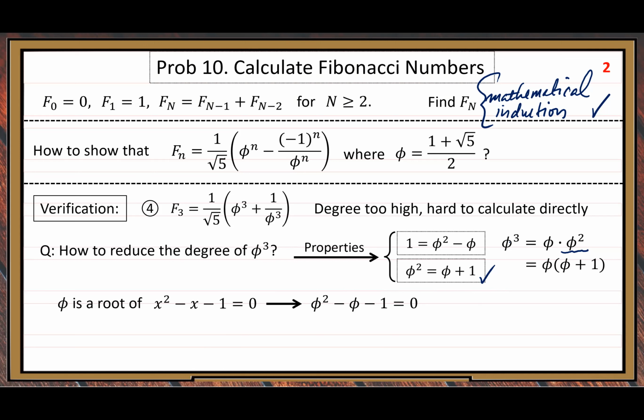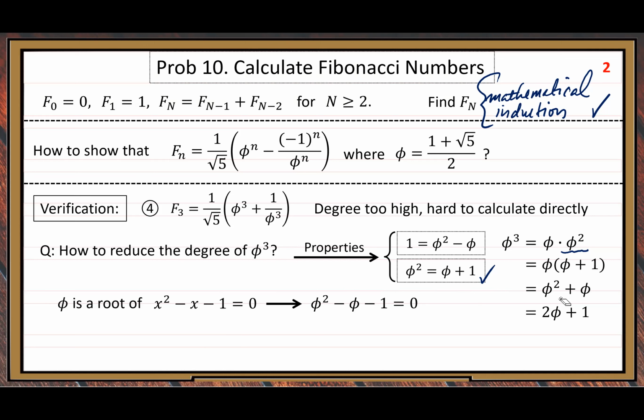Then let us multiply through, so we get phi squared plus phi. Here you have another phi squared term, so you can replace phi squared by phi plus 1 a second time. After that, you get 2 phi plus 1 as the representation for phi cube.